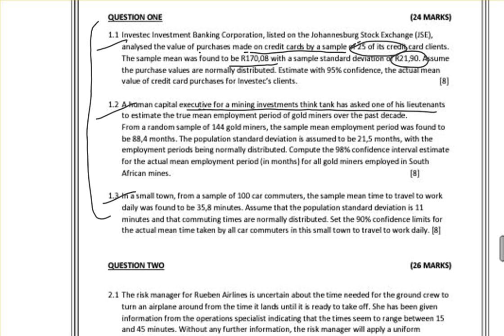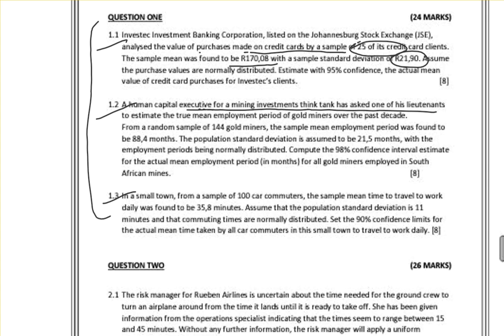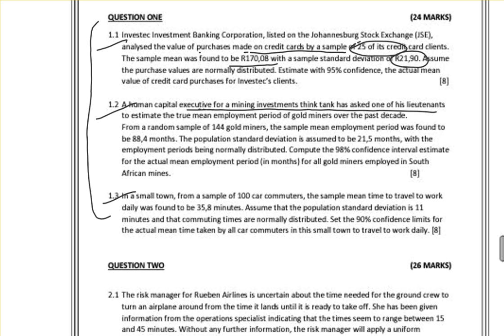Sample mean X bar is equal to 88.4 months. Population standard deviation is assumed to be 21.5 months. Employment periods are normally distributed. Compute the 98% confidence interval estimate for the actual employment.